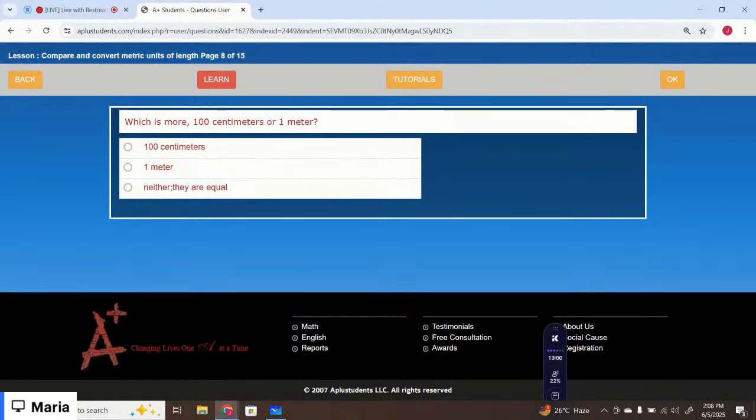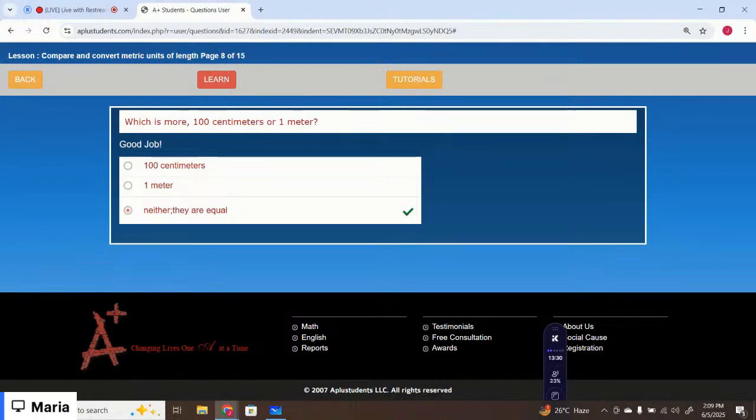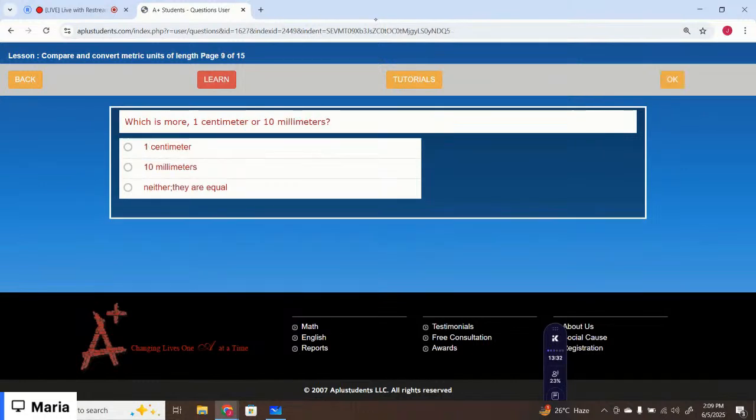Which is more, 1,000 centimeters or 1 meter? They both are exactly equal. Option number three is the correct option because 1 meter equals 100 centimeters.